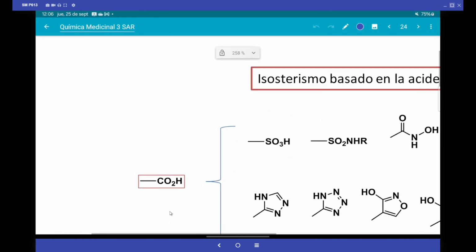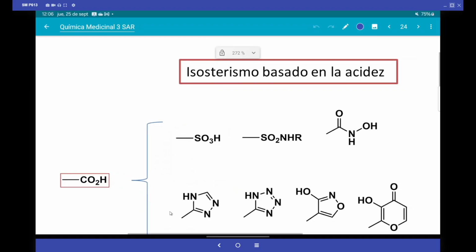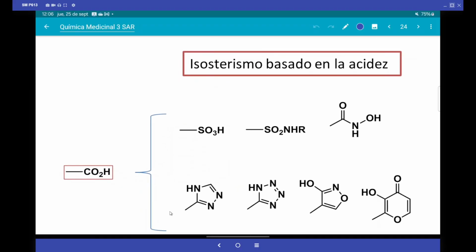Perfect. And now here an isosterism based on acidity. We need a group that can deliver a proton and therefore remain with a negative net charge at pH 7. That is, I need at least something as acidic as a carboxylic acid, which has a pKa similar to 5. And we have all these rare groups.